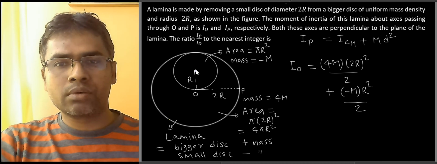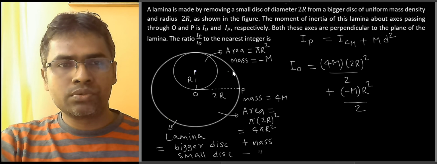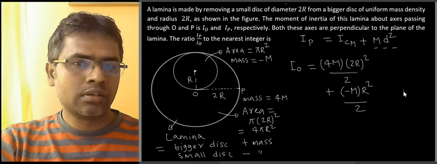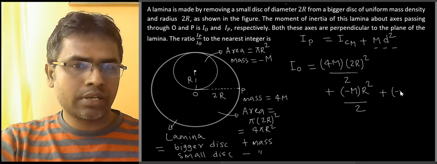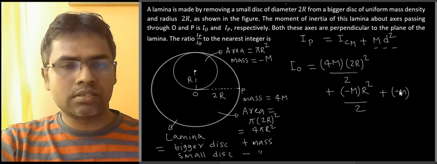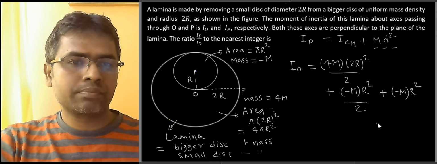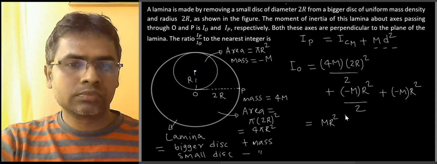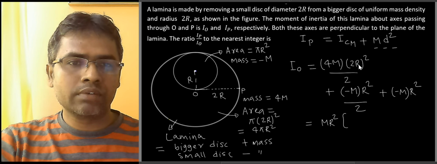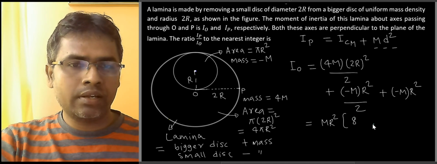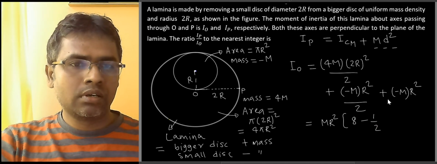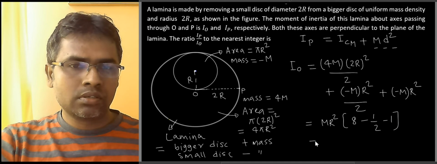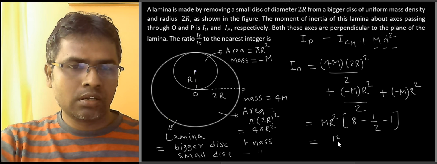But it is not, so we use the m d square term here: plus minus m, and the distance between the axes is r, so r square. If I pull m r square out and look at the numbers, I have 4 into 4 by 2, that is 8, minus half, and minus 1. So 16 minus 1 minus 2 over 2, that's 13 over 2 m r square.